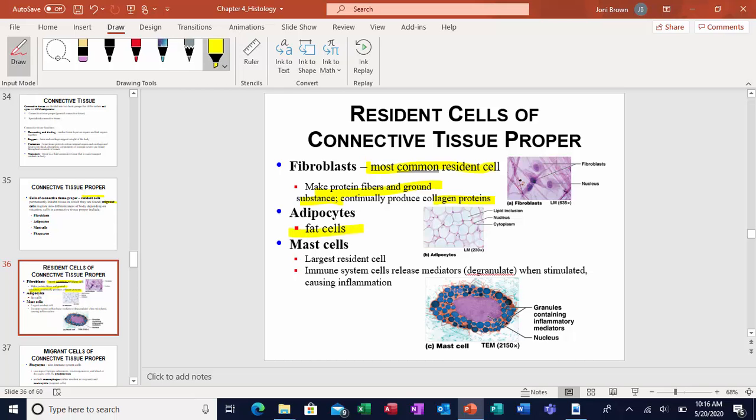These are just fat cells that live in connective tissue. And then mast cells, this is the largest cell that's a resident cell. And here you're looking at a mast cell, and it's got these inflammatory mediators there that it will release when it's stimulated, and they cause inflammation.